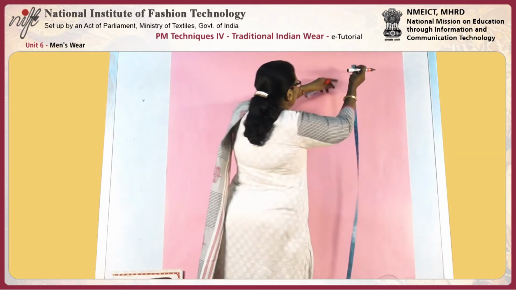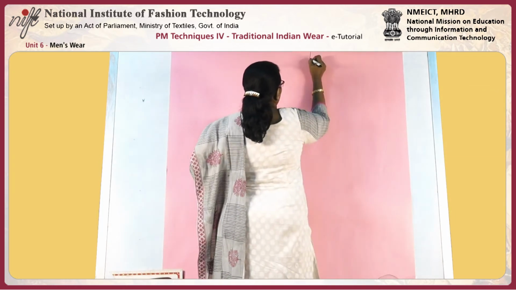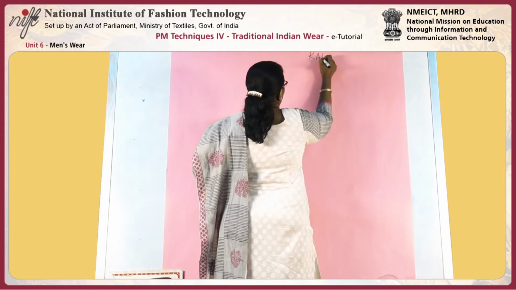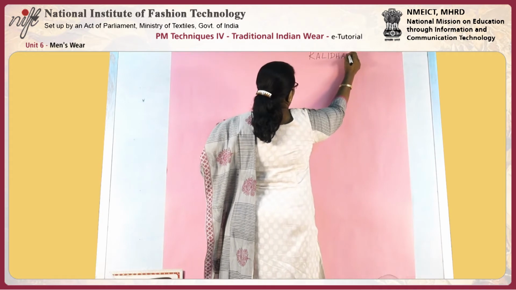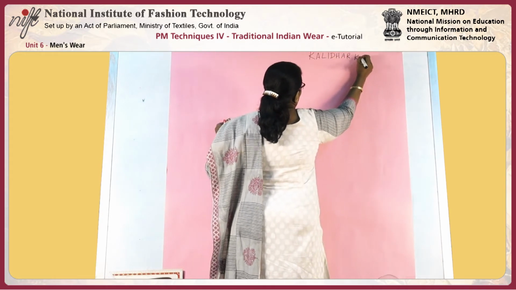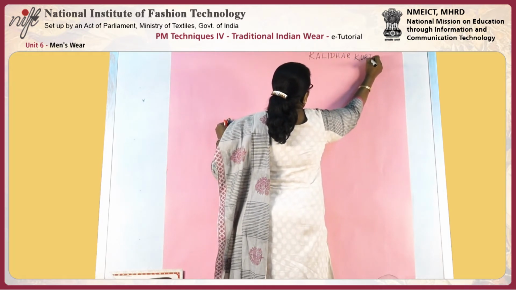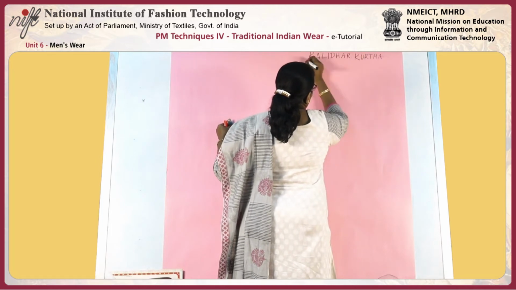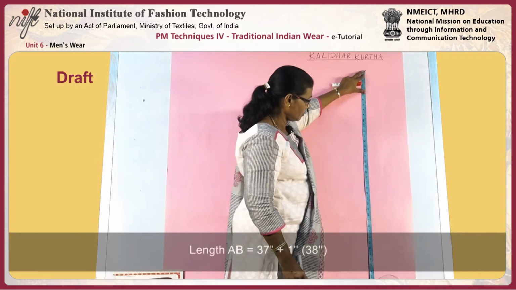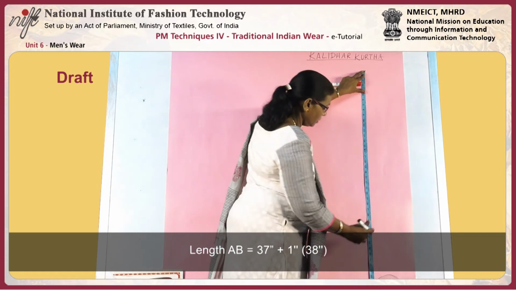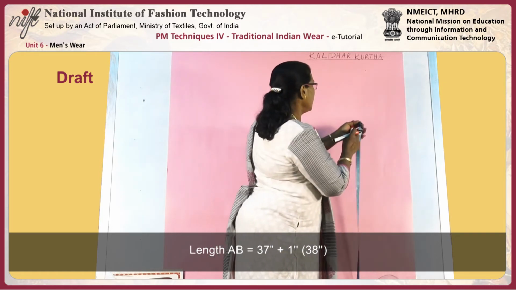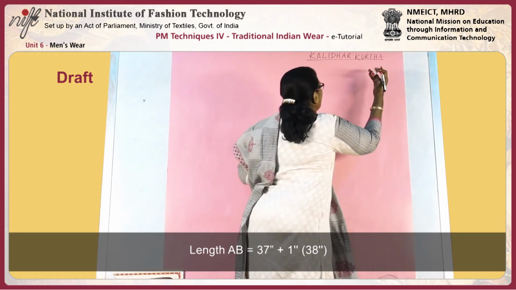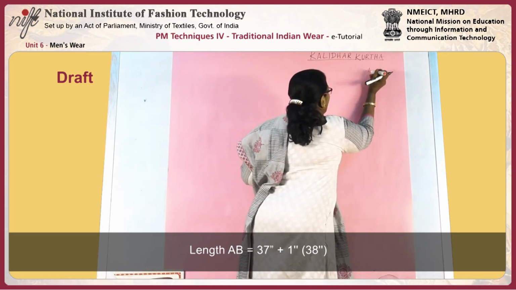First we need to mark the length, 38 inches, and draw a perpendicular line and mark AB.